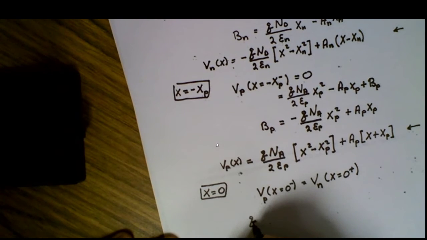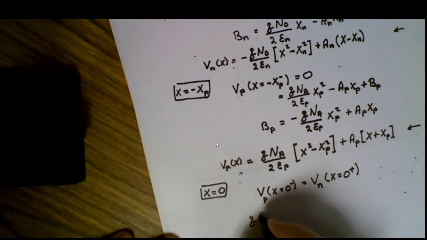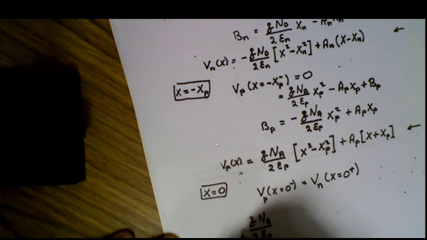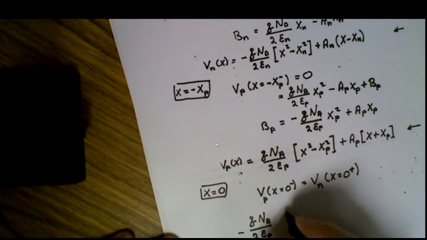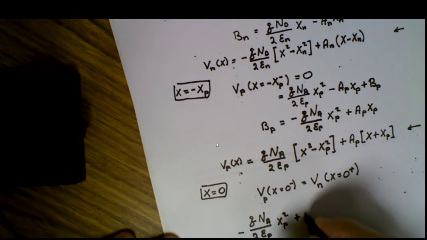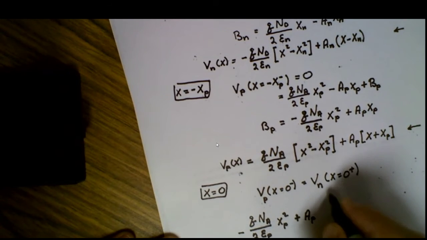And hence this is going to be the charge Q times the number of acceptors per unit volume divided by 2 times the permittivity of that material times a minus x sub p squared plus, forcing x to be 0, a sub p times x sub p.